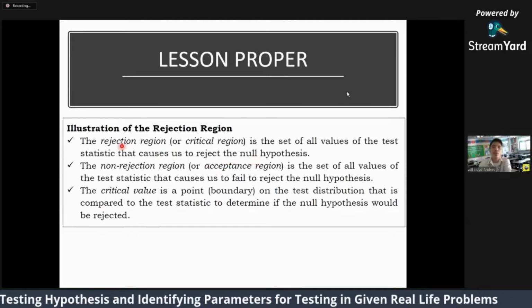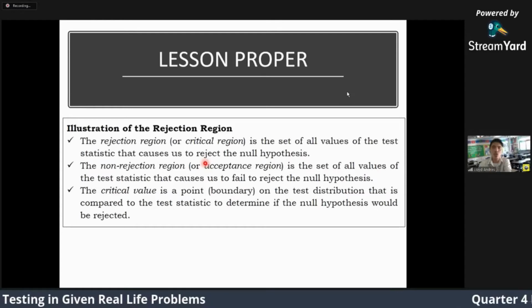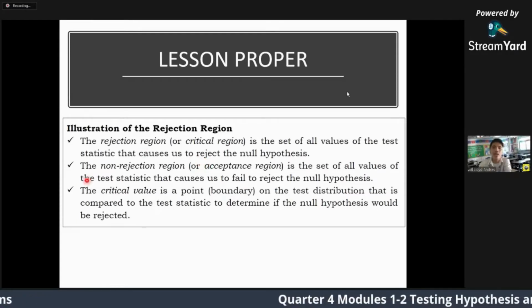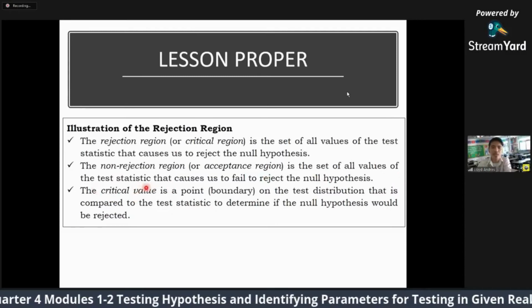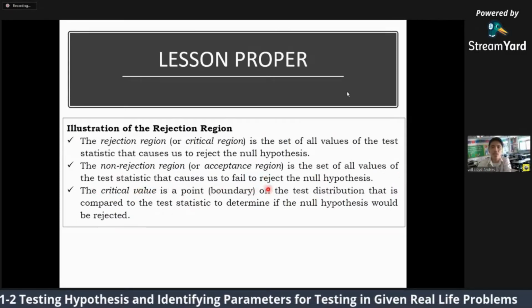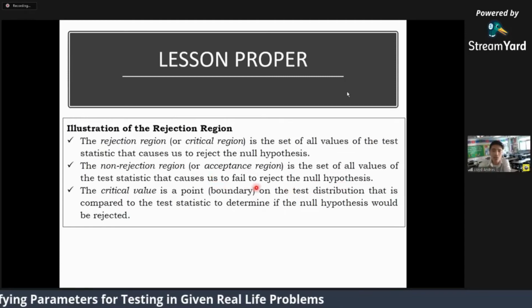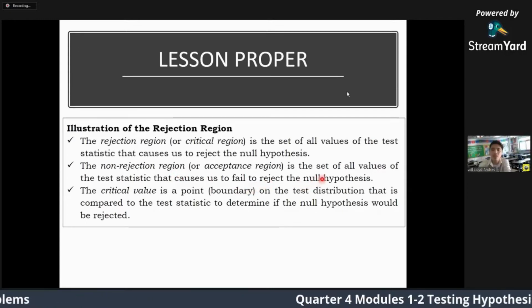If your value belongs here, then you decide to reject the null hypothesis. While the non-rejection region, also called the acceptance region, is the set of all values of the test statistic that causes us to fail to reject the null hypothesis. Meaning, if your value belongs in the non-rejection region, you should not reject the null hypothesis.